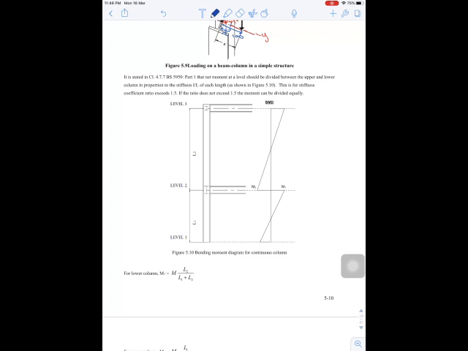Before that, looking at clause 4.7.7, we need to proportion the moment onto the column, divided into two parts.